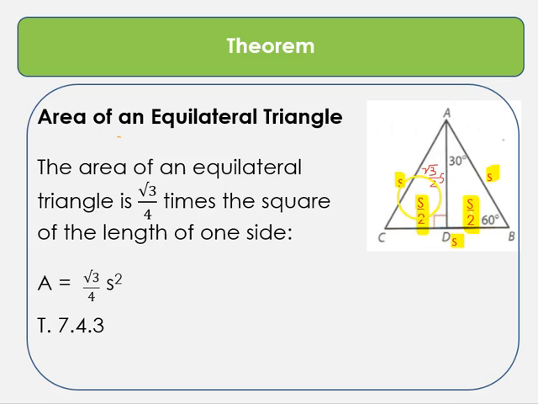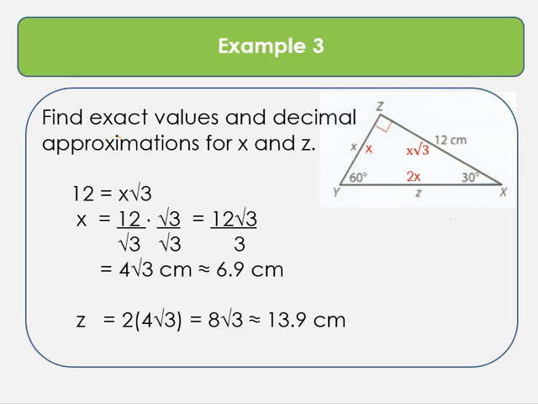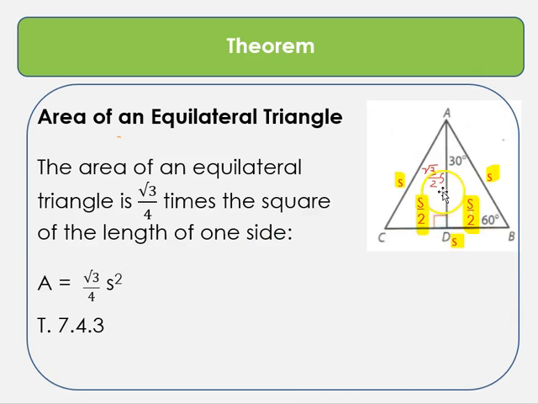We also have the ratios that we know of. The ratio for the long leg, if you remember, let's go back and look at it, is x square root of 3. So the x would be s divided by 2, and it would be multiplied by square root of 3.